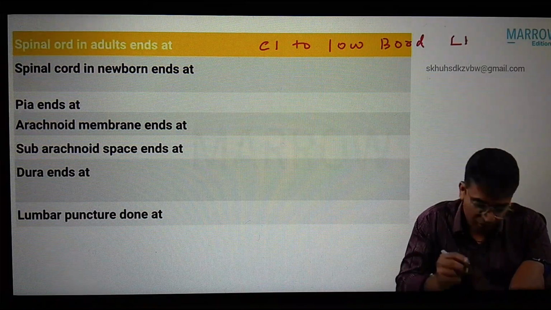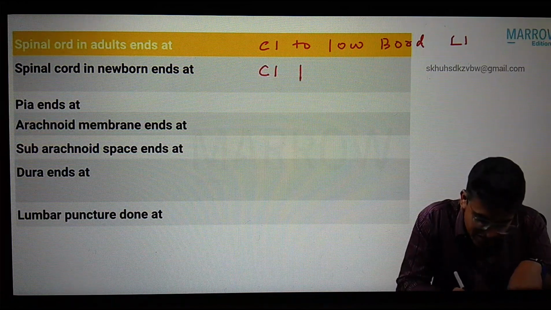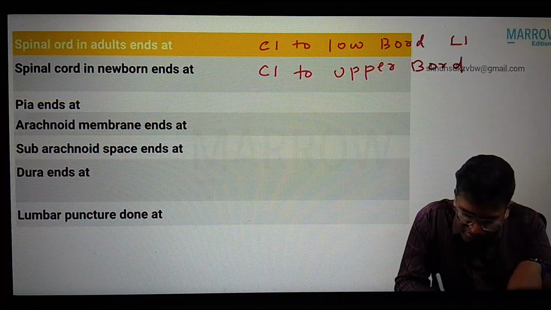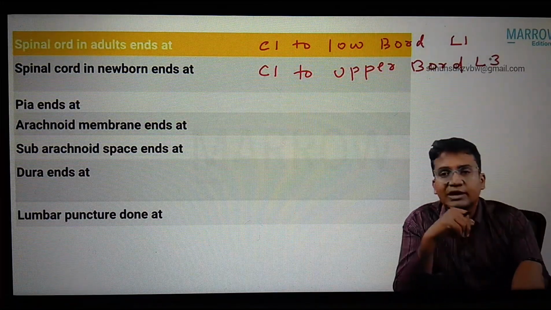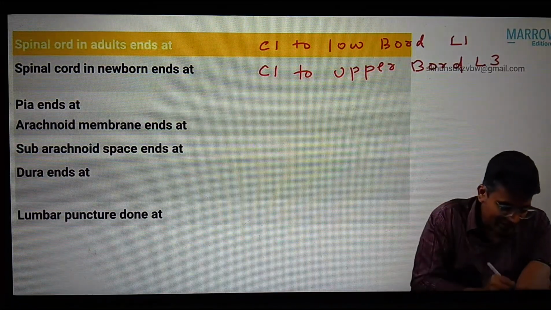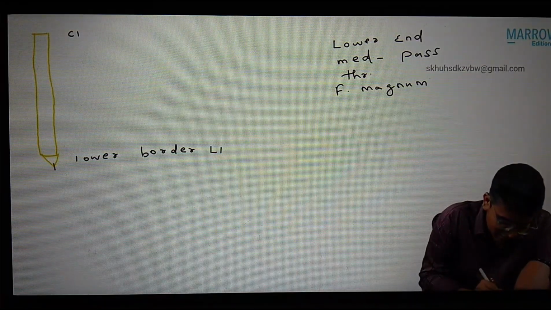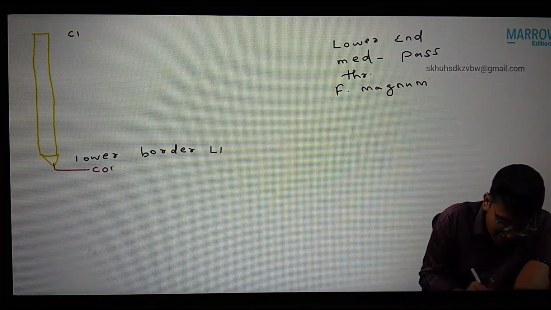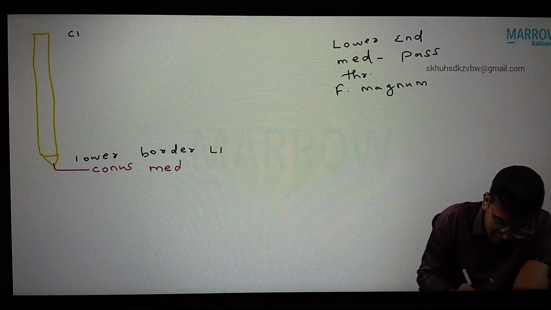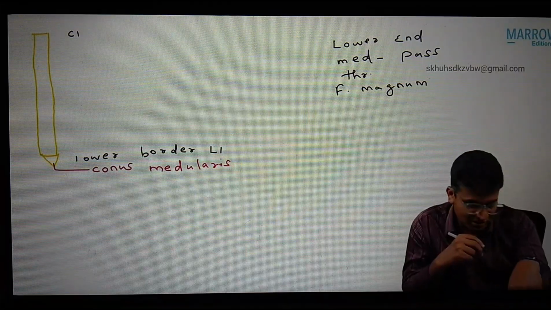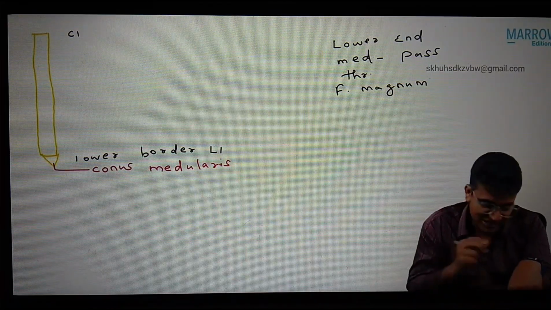Now in the case of newborn, spinal cord is extending from C1 to the upper border of L3. Okay. Now the lower end of spinal cord is called conus medullaris, the triangular part.